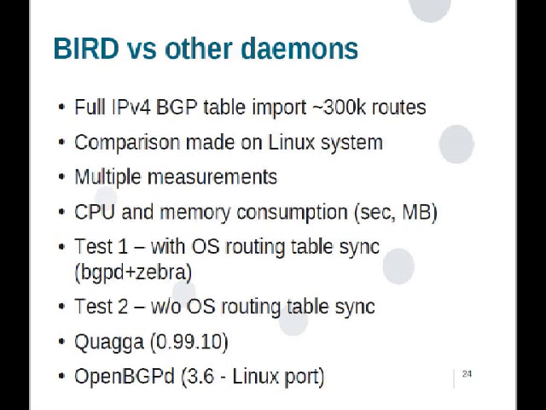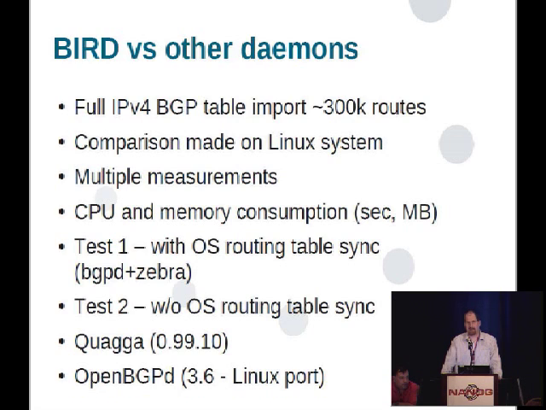We did some small tests, but we were quite careful doing those, because it's much better if third-party people do testing instead of you. So we just prepared a simple test about the memory and CPU consumption in a single BGP router that just loads the whole BGP table, and that's all.